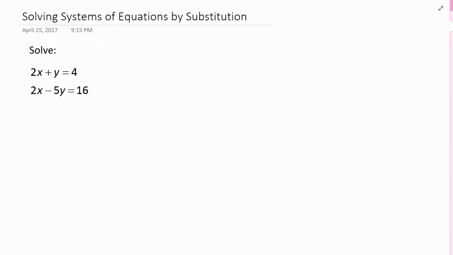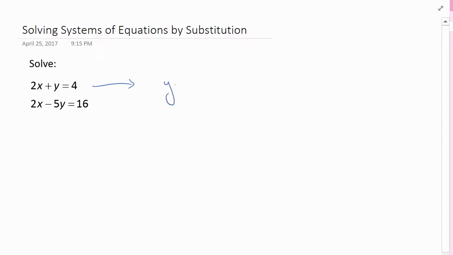You see, taking the first equation, we can isolate y by subtracting 2x from both sides, giving us y equals 4 minus 2x. Which, as I say, is actually quite helpful because if y does equal 4 minus 2x, then why don't we just replace y in the second equation with 4 minus 2x?